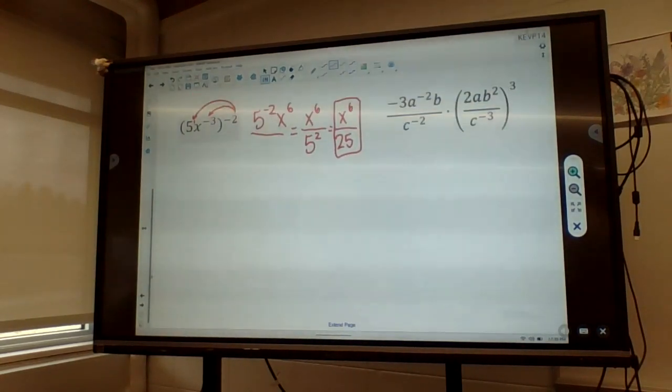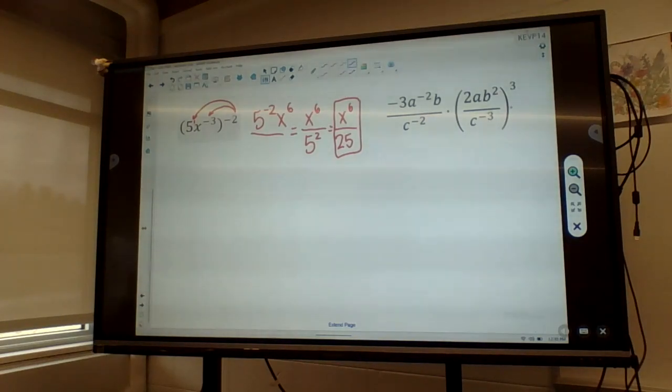So we still want to do order of operations. So parentheses are most important, but there's nothing really I can do inside the parentheses technically. So I'm going to distribute this third power into everything inside. Now careful, it's got to go to every base, including top and bottom. So the 2 is going to get it. So all of these are going to get that power.